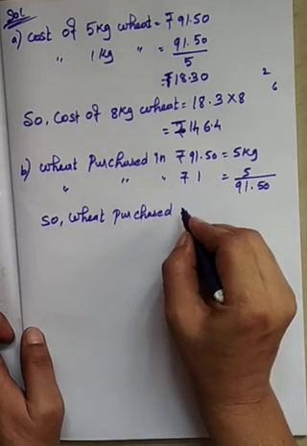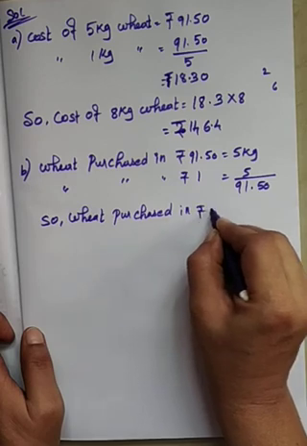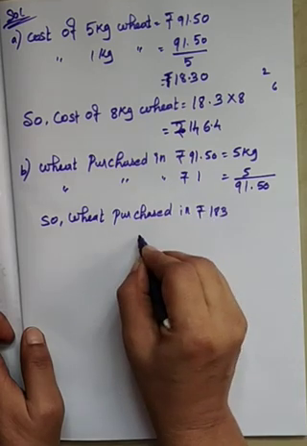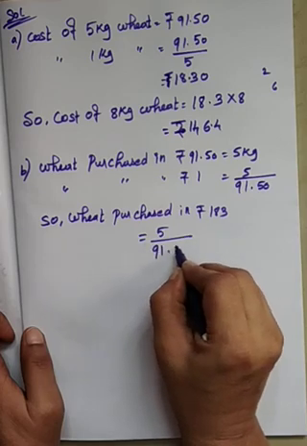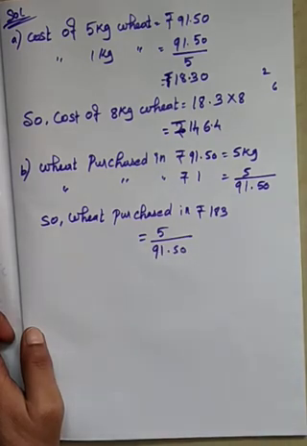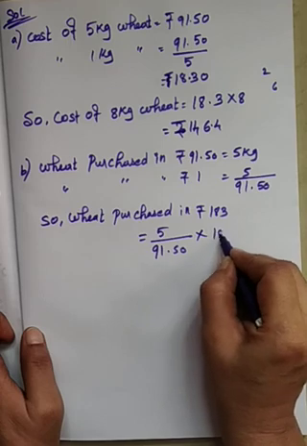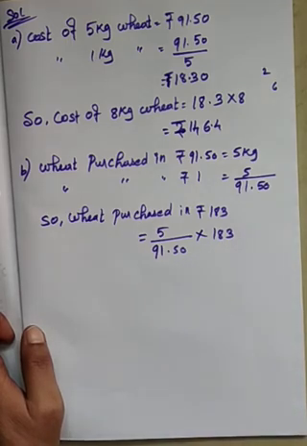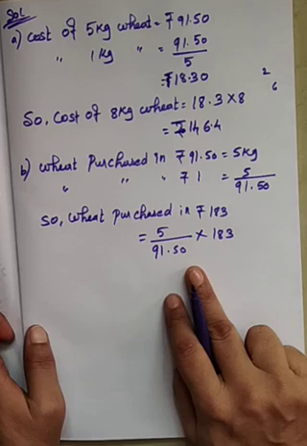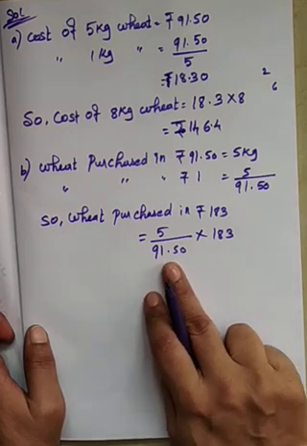So wheat purchased in rupees 183 is equal to 5 divided by 91.50 into 183. Okay, now simplifying in that one, you will get the result. So directly you can simplify, or otherwise you have to remove this point. After that you have to do the simplification.